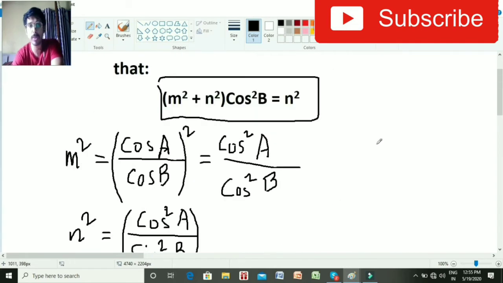Now let us go back to the question. We have m square plus n square whole into cos square B equals to n square, which we need to prove.